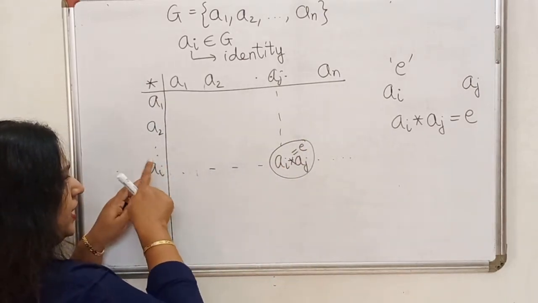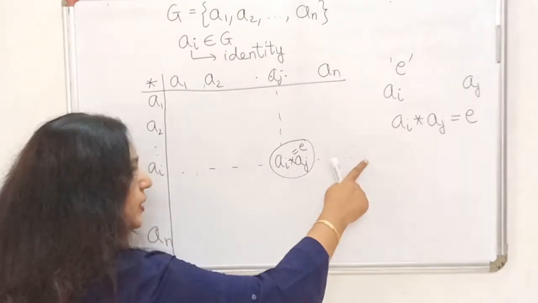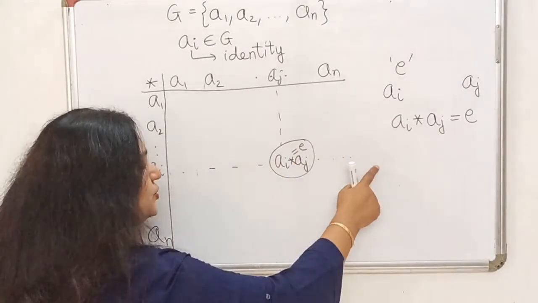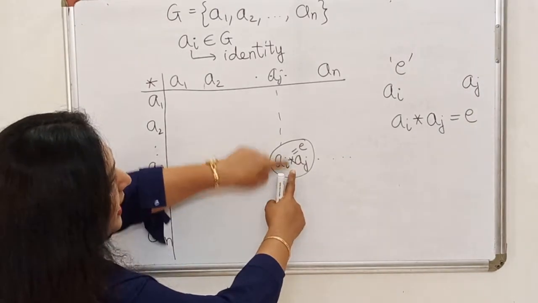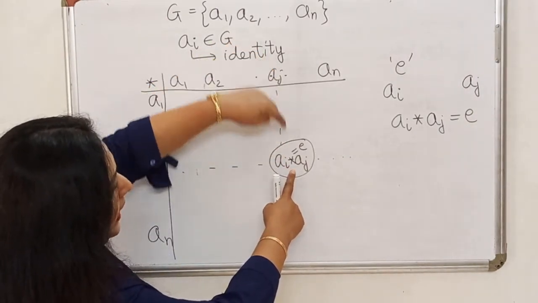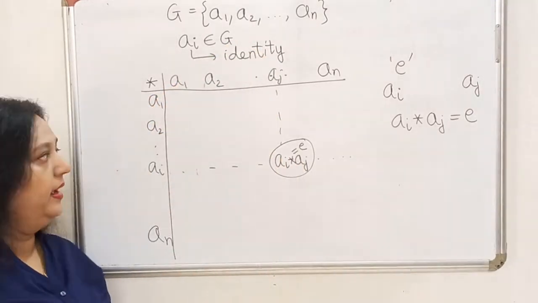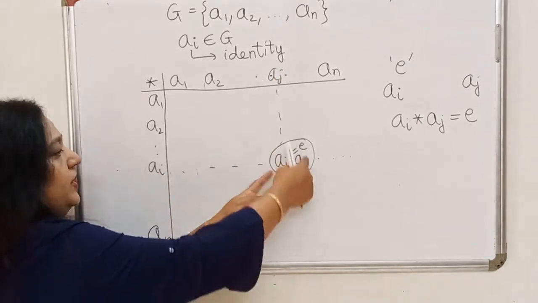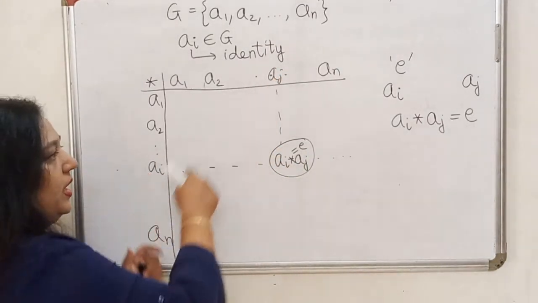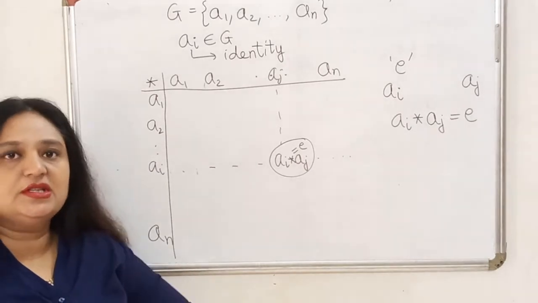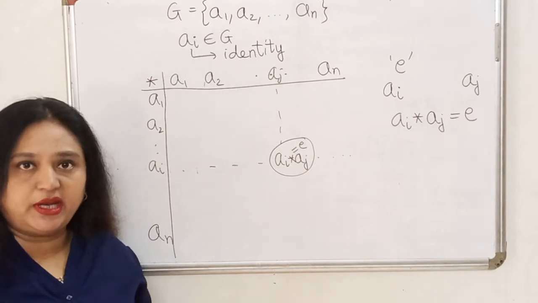So if we require the inverse of AI, we go to the row corresponding to AI and find out in this row where we get the identity. And the element directly above that in the heading row is going to be the inverse of AI. That's because the combination of these two elements is giving me identity. So this element has to be the inverse of this. So this is how you can spot inverses from the composition table.